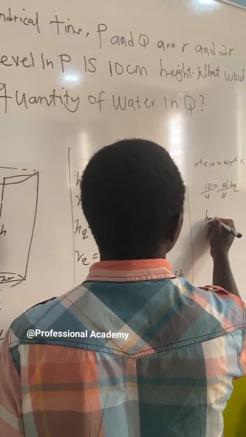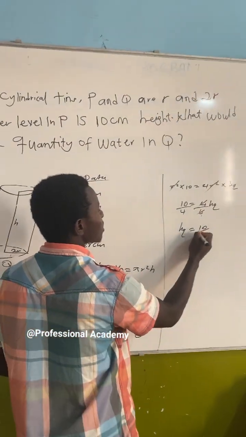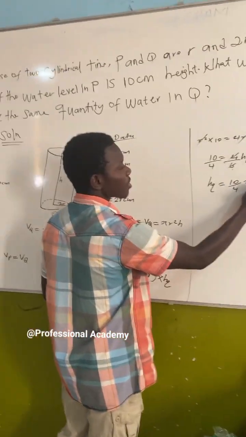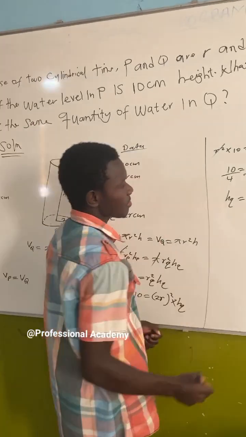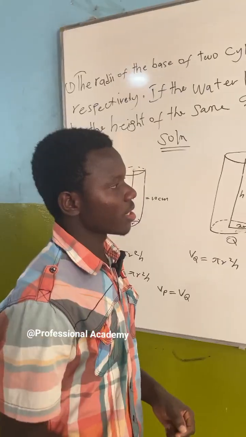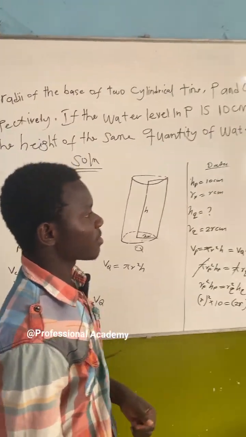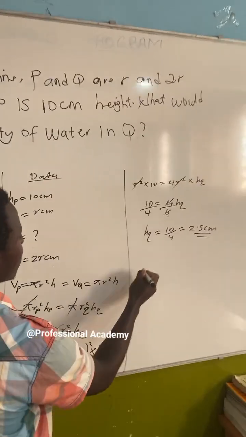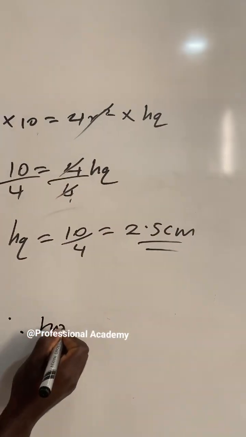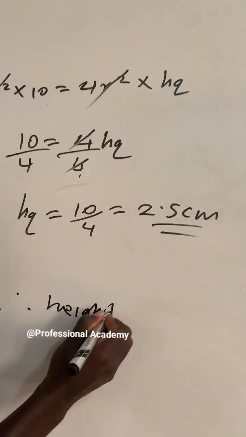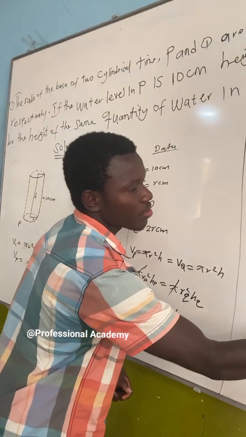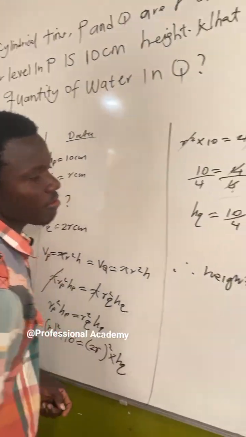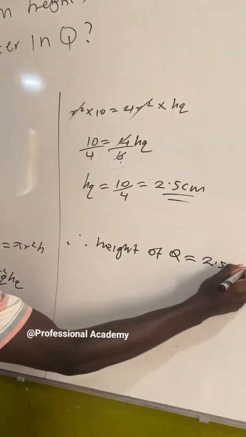So the height of Q will be equal to 10 over 4, which gives you 2.5 centimeters. Therefore, the height of Q is equal to 2.5 centimeters.